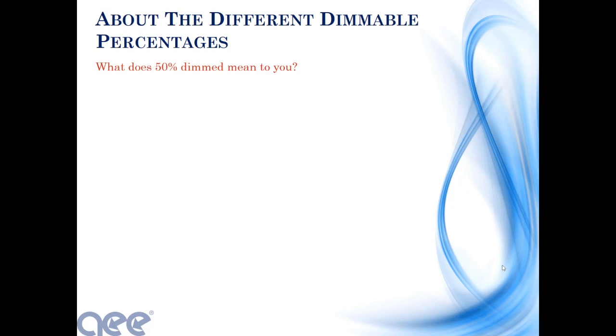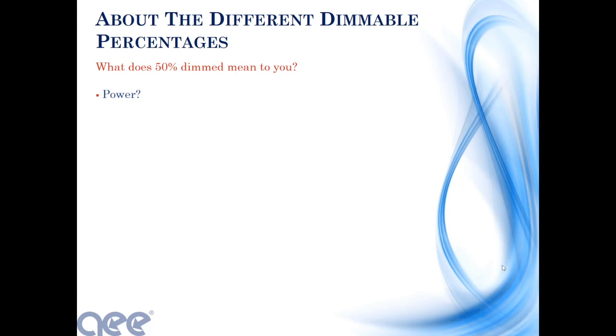All right, John touched on this somewhat, but I always like to talk about dimming in terms of what does dimmed mean to you. If somebody said, I want this room right now dimmed 50%, what does that mean? 50% of what, right? You want 50% less power use? Because that's one thing.